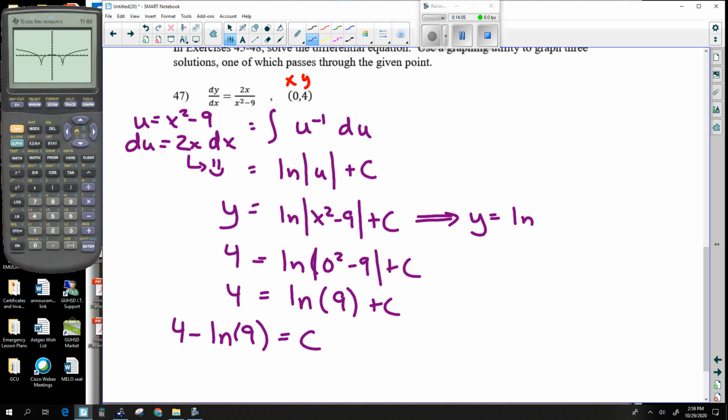So y equals ln of absolute value x squared minus 9 plus c, which would be plus 4 minus ln of 9. There we go. That will go through the point that we wanted. That better go through 0, 4. Ha ha, it does. Yay. Okay.